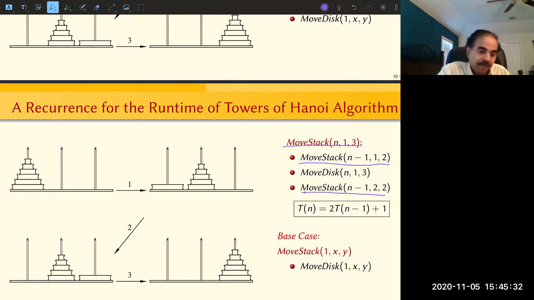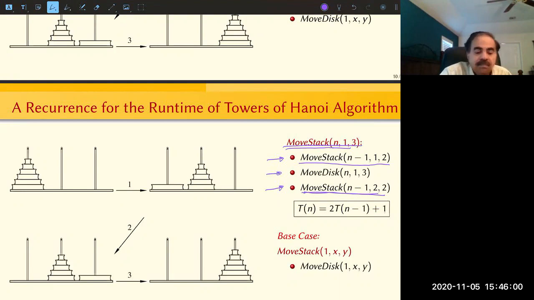So the time to move n disks is going to be the time to move n minus 1 disks here, plus the time to move n minus 1 disks here, plus the one move here, right?